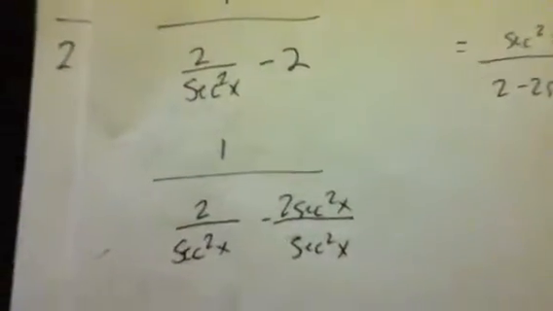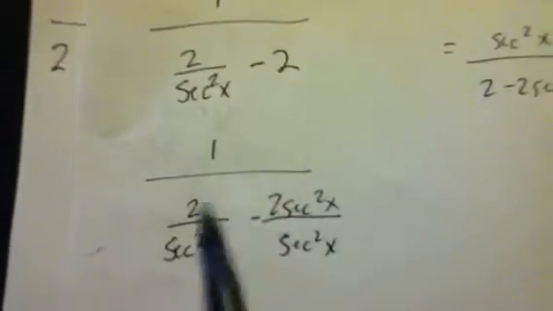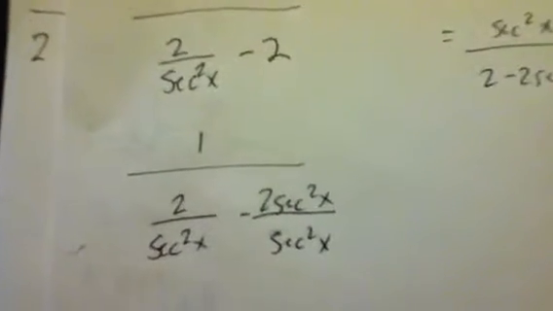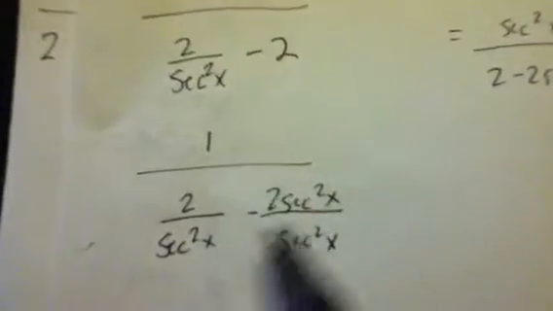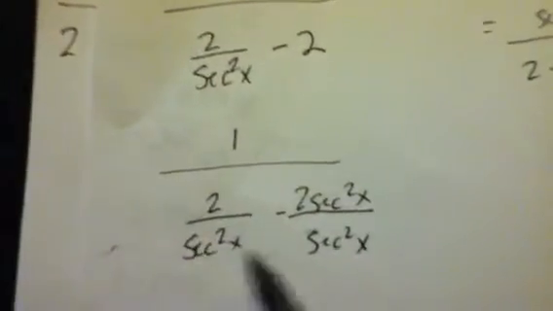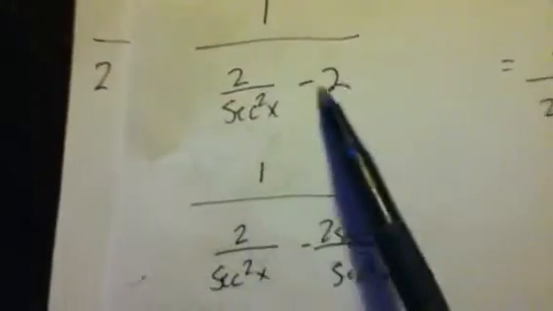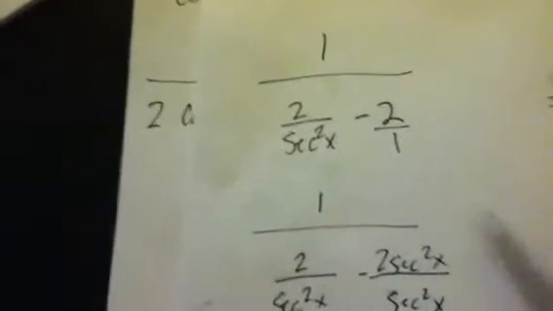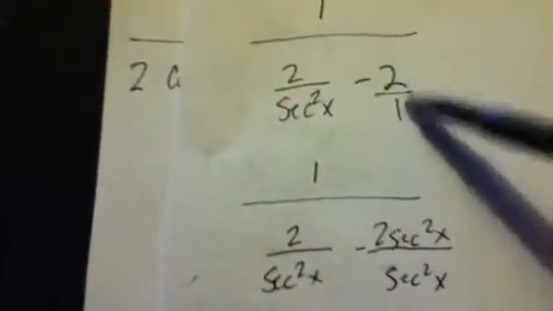And then what did I do next? Common denominator down here. So you end up doing fraction math. I looked in the answer book. They did it kind of like this. They did the fraction math with the common denominator. So see, I had to multiply like if it was 2 over 1, I multiply the top and bottom by secant squared x.